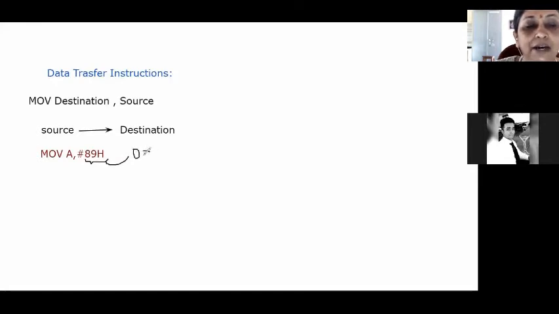And this data will be transferred to the accumulator. So after execution of this instruction, your accumulator will contain the data 89 hexadecimal, whatever may be its earlier contents.